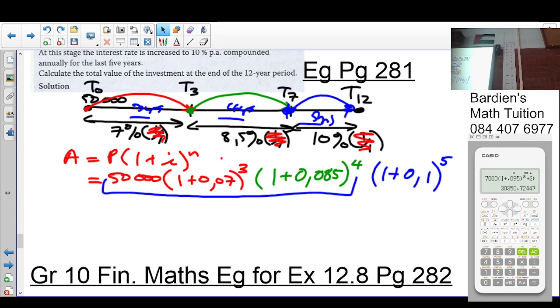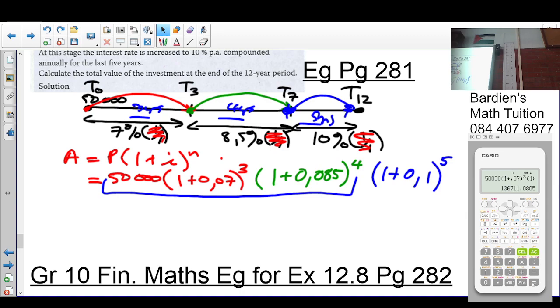Let's plug this into the calculator. It's 50,000 into 1 plus 0.07, the exponent 3, into 1 plus 0.085, the exponent 4, into 1 plus 0.1, the exponent 5.